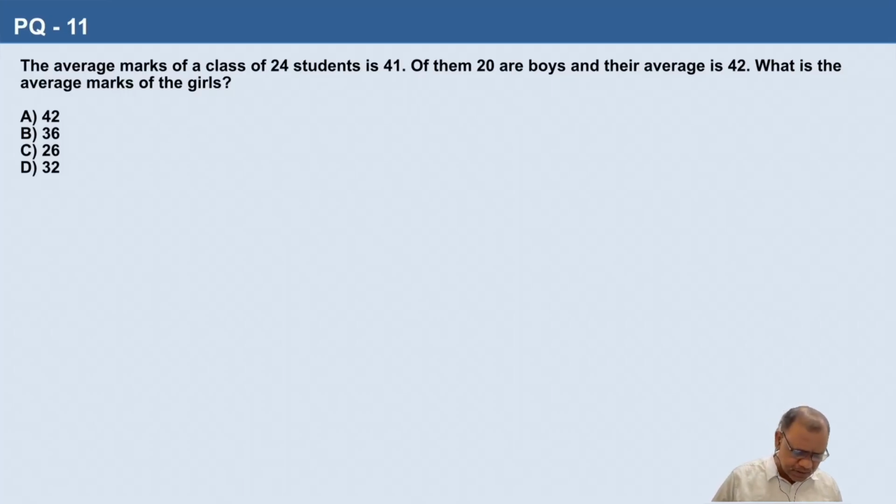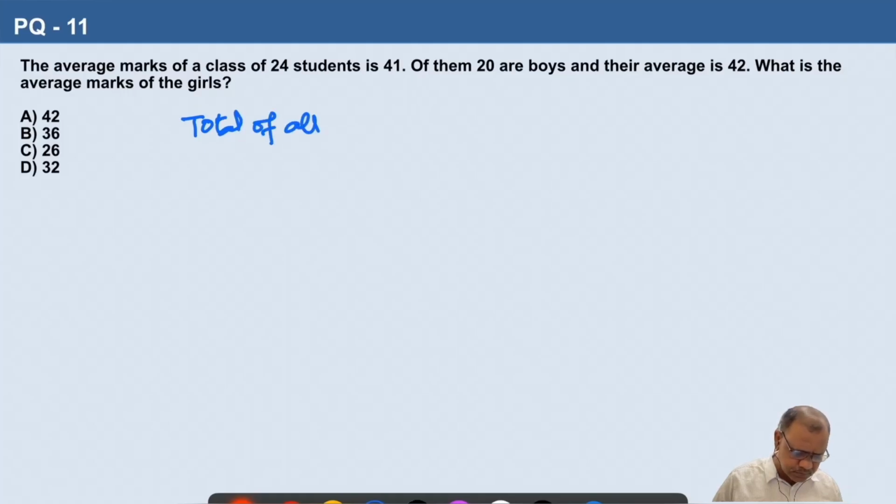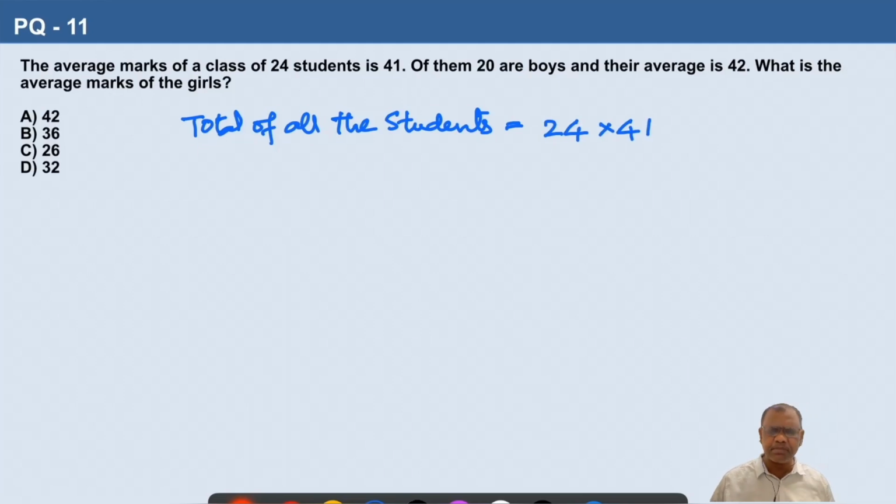So, let us find out the total marks of all the students. Average is 41 and there are 24 students. 24 multiplied by 41 gives the total of all the students.